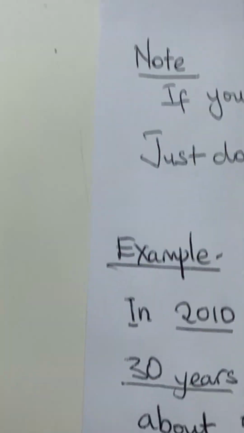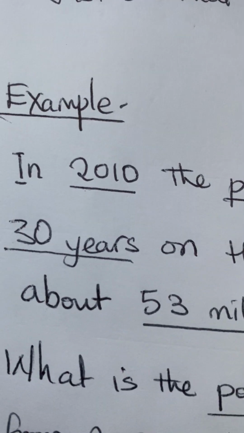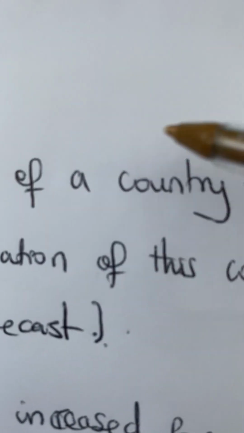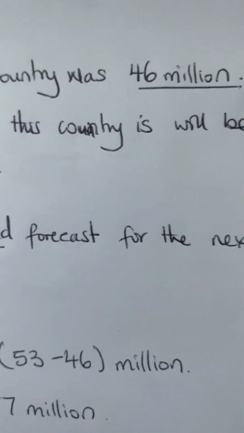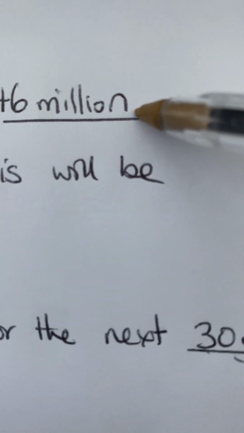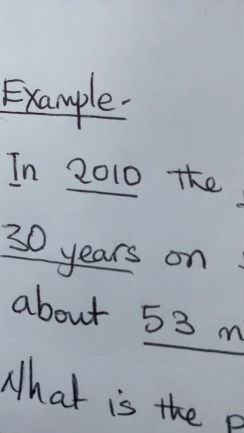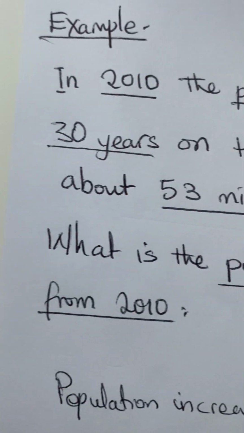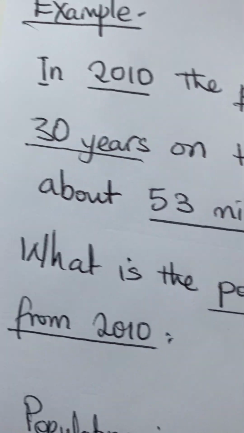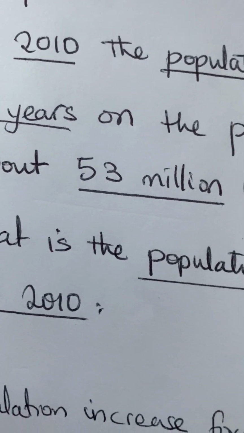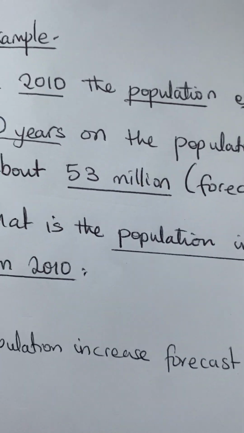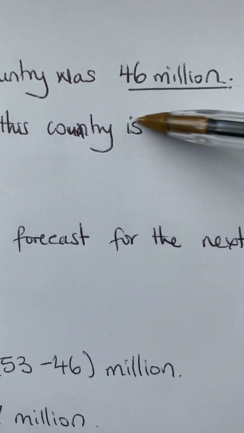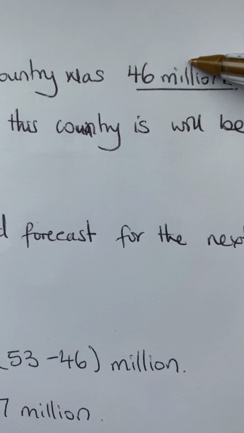Now another example. In 2010, the population of a country was 46 million. 30 years on, the population of this country is forecast to be about 53 million. So in 2010, this country had a population of 46 million.